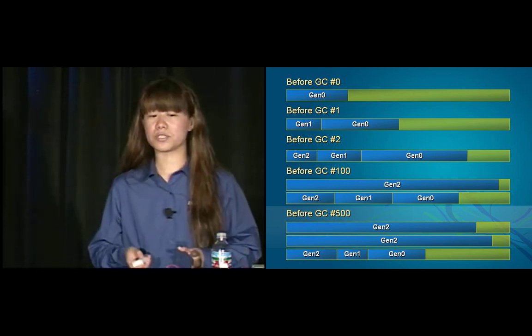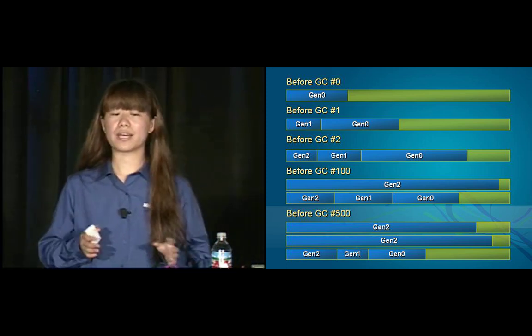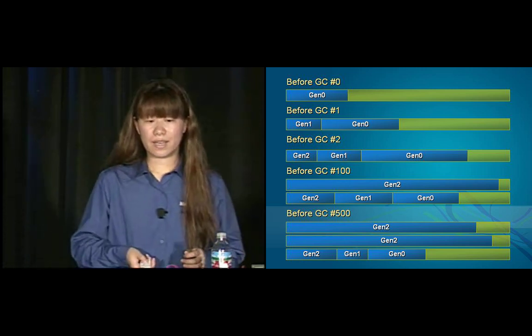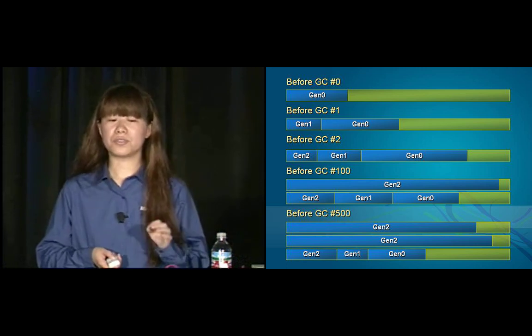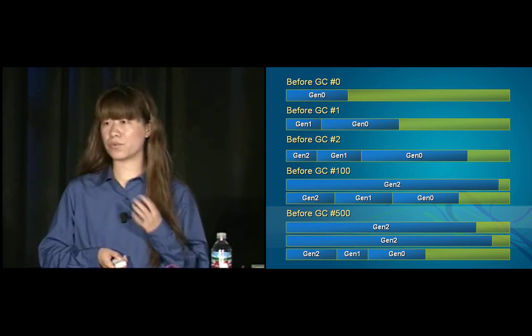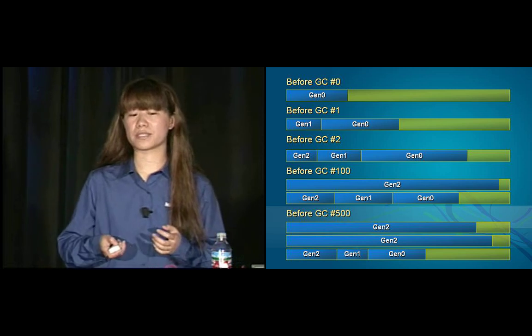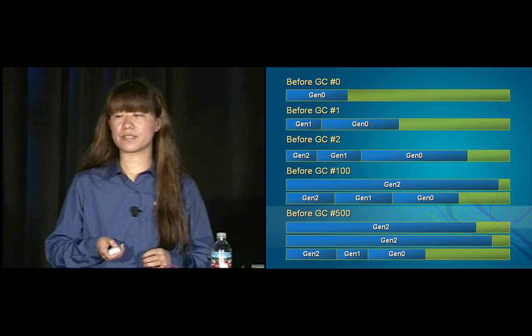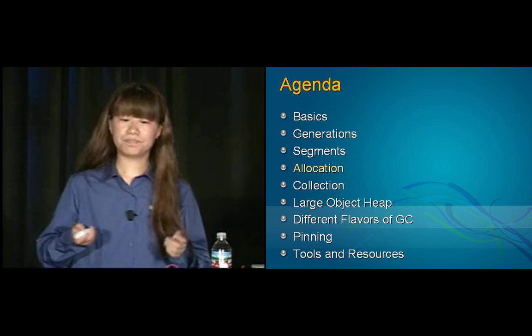Before GC number 2, what survived from gen 1 got promoted into gen 2, and now you have all 3 generations on the ephemeral segment. Then before GC 100, you probably have this picture. You expanded the heap, so you have 1 gen 2 segment and 1 ephemeral segment, which has objects from all 3 generations. And before GC 500, you probably have 2 gen 2 segments.